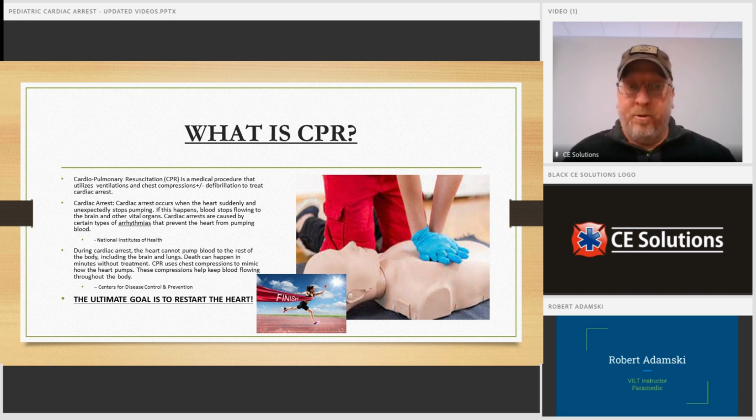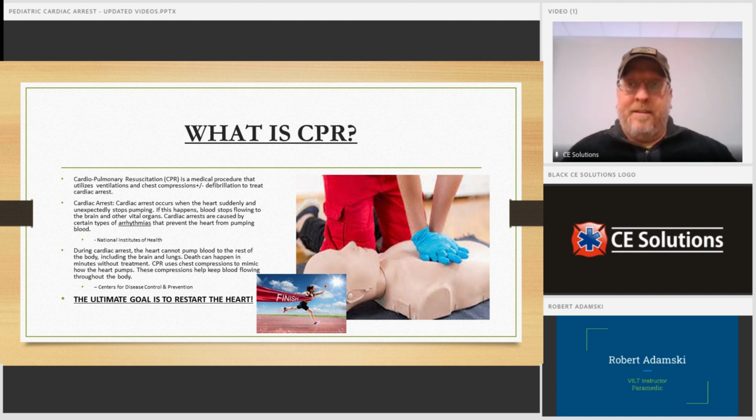However, what it does do is provide effective perfusion to the vital organs like the heart, the brain, the kidneys, etc., until more advanced resuscitative measures arrive that will be able to restart the heart. CPR keeps those vital organs alive long enough for those advanced techniques like pediatric advanced life support, like defibrillation, all right, to arrive to get to that patient who's in cardiac arrest. And then that is what actually is going to restart the heart and save the patient, all right?